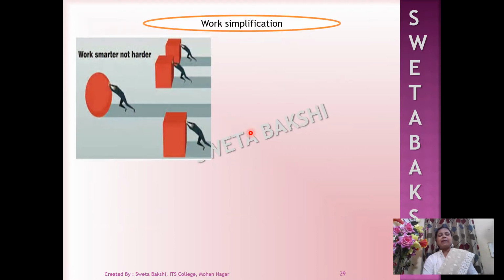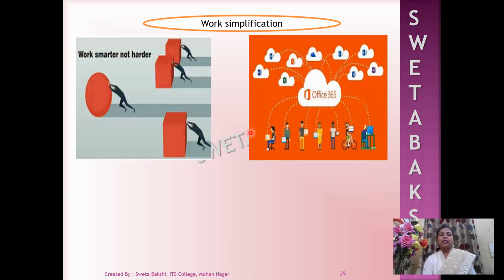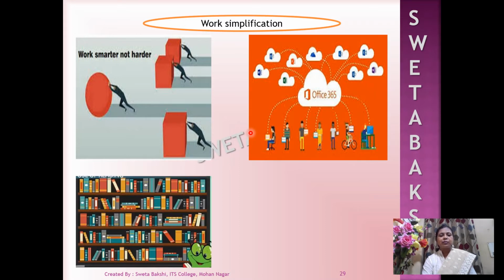Now let us understand with these examples how work could be simplified by moving from hard work towards smarter work. This is Office 365, which helps in simplifying the organizational job into small tasks which is much easier.